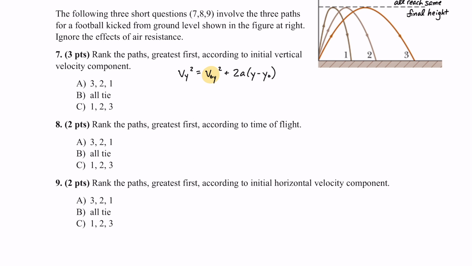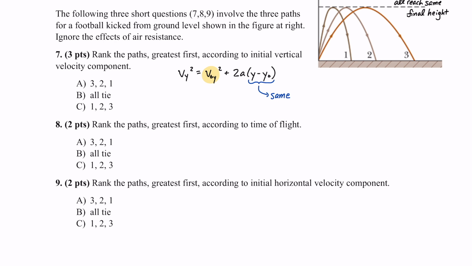The first thing that's the same is that because all three reach the same final height, this difference, y minus y naught, is going to be the same for all of them.